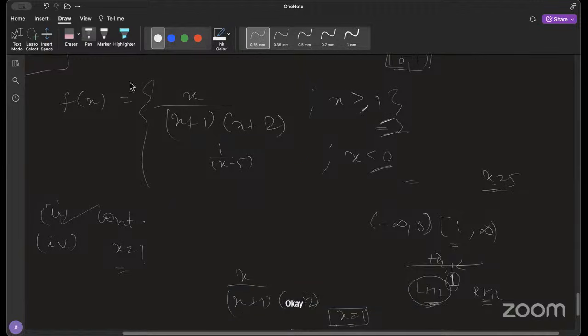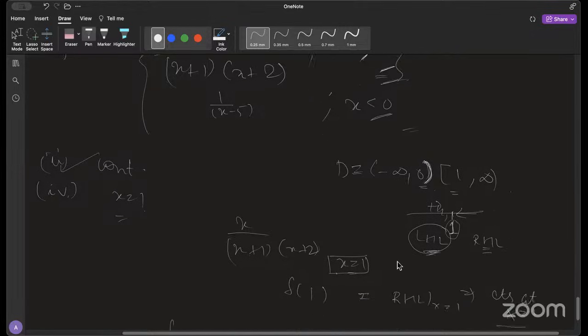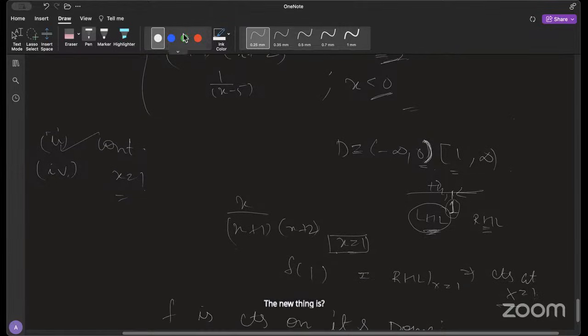Okay. So the domain of this function will be the domain of the first one and the domain of the second one, correct? Yeah. Okay. Ma'am, even at 0, it is not defined because x is less than 0. Yeah, that's why we have an open bracket here, not defined at 0.